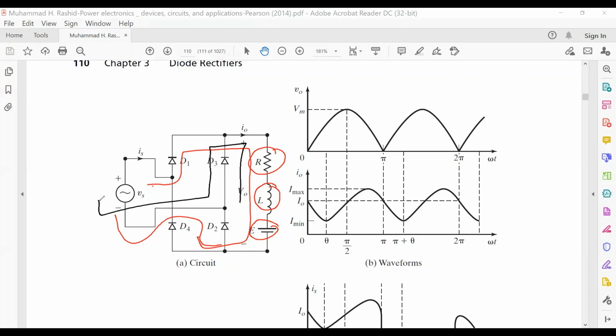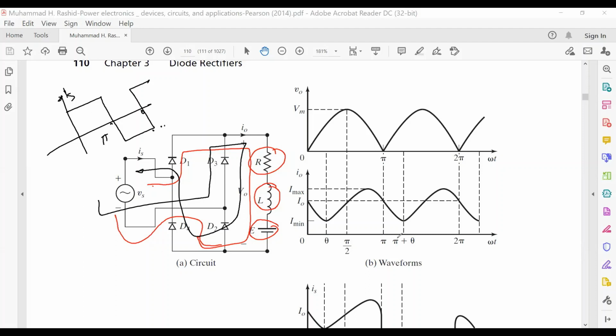Similarly, when we consider the highly inductive load, the source current was like this, if you remember. For the positive half cycle you will get that. For the negative half cycle, you will get the current like this, right?